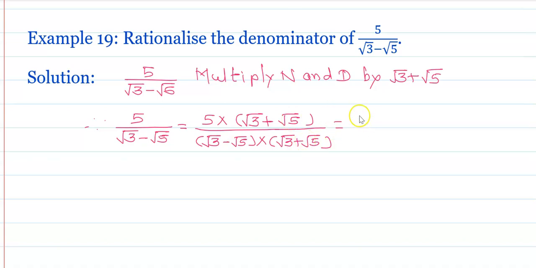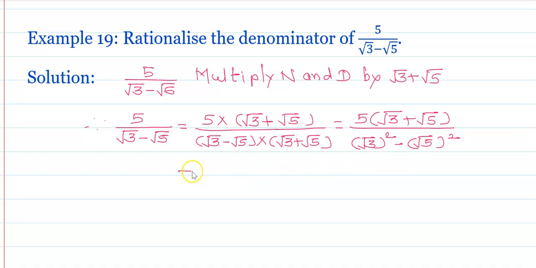Again, this 5 as it is. In the denominator, a minus b, a plus b, therefore you will get root 3 bracket square minus root 5 bracket square.